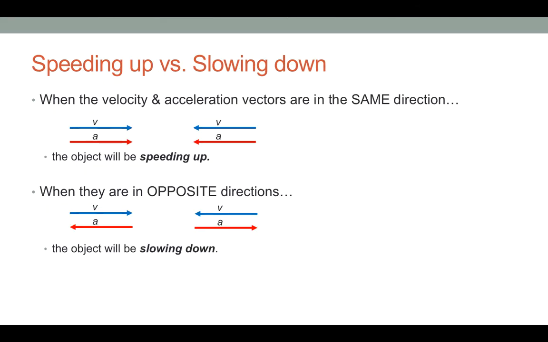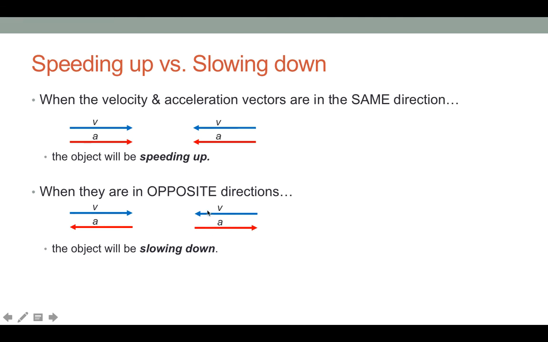The last way we can consider this is by just drawing the velocity and the acceleration vectors. If the velocity and the acceleration vectors are both in the same direction, then we'll have the object speeding up. If they're in opposite directions, then they'll be slowing down, because this acceleration will be added to that velocity and it'll make it smaller.